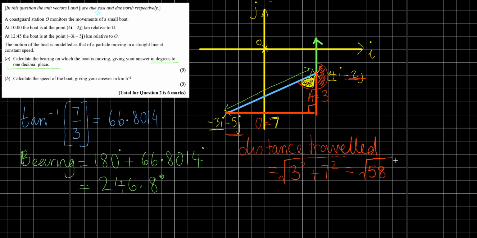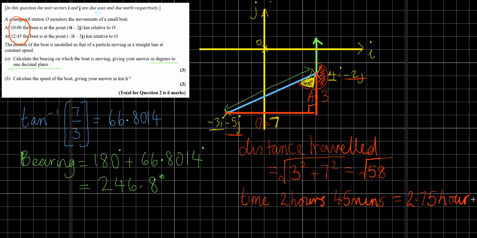The time taken is given by this, and the time taken was from 10 till 12:45. So we have 2 hours and 45 minutes, which is equivalent to 2.75 hours.